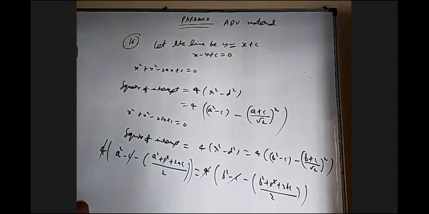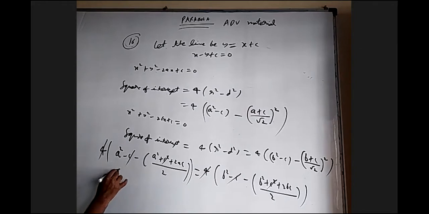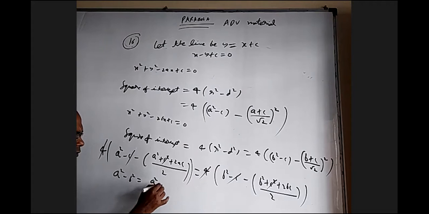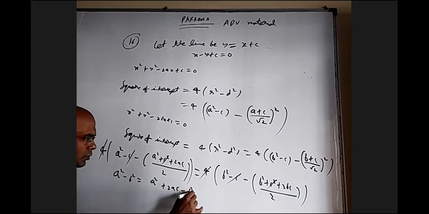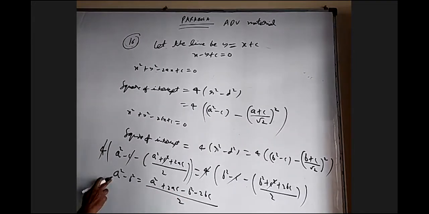Okay, what I'm left with? Bring this b square here, so I'll get a square minus b square. This will go that side. I'll be getting a square plus 2ac minus b square minus 2bc by 2. I can bring this 2 here, 2a square. So again, I'll get another a square, another minus b square, and here I can take 2c common, a minus b. I can cancel a minus b. Finally, I'll get a plus b equal to 2c.